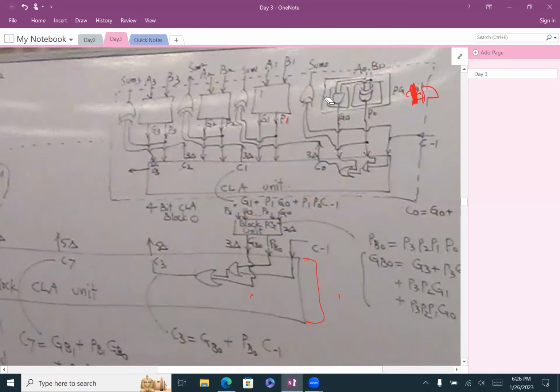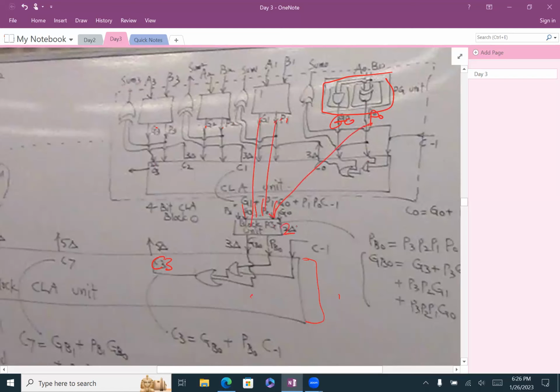Now to find C3 here, how long is it going to take? I have to find the B0 and G0 and all of them, right? Those will be my input here. So I'm not going to go through this circuit. It's going to be connected directly. It's just a wire.